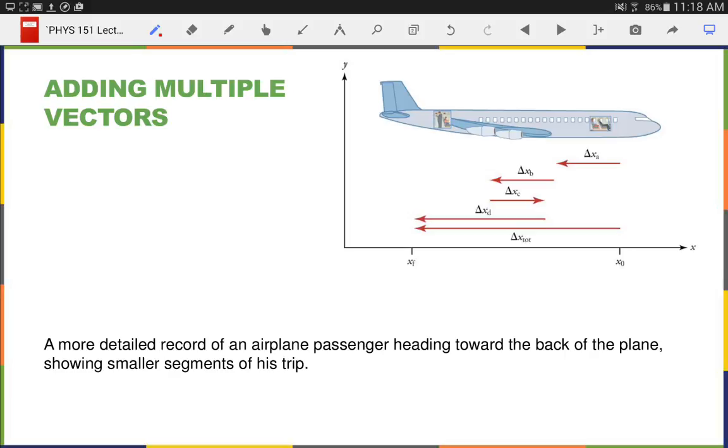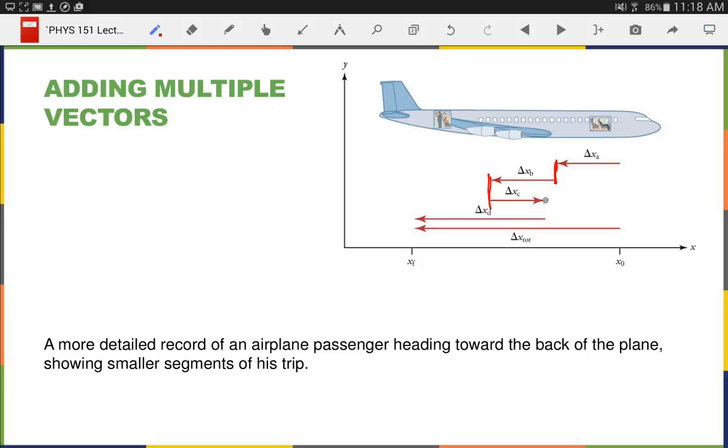And this one here, it's trivial, but it's just saying what happens if we're adding more than one vector? Okay, more than 2 vectors, because you don't add one vector to nothing. If you're adding multiple ones, you just put them all tip to tail. So this had segment 1, segment 2, segment 3, and segment 4. And you see at the end of segment 1, they start segment 2.